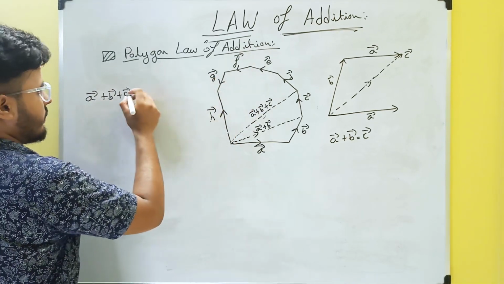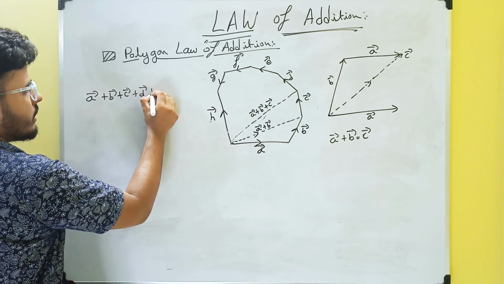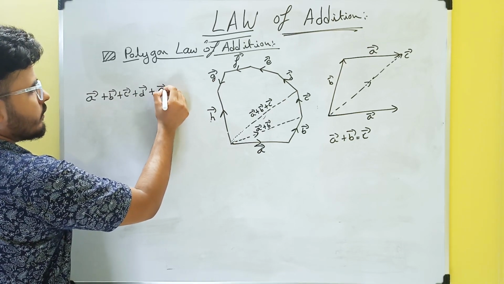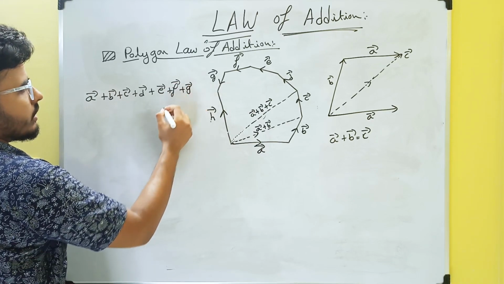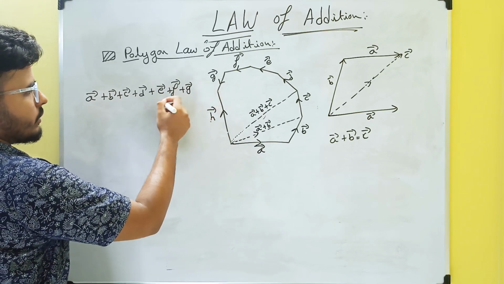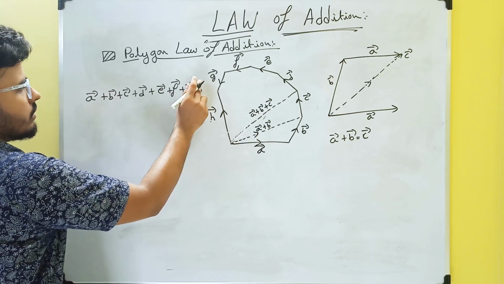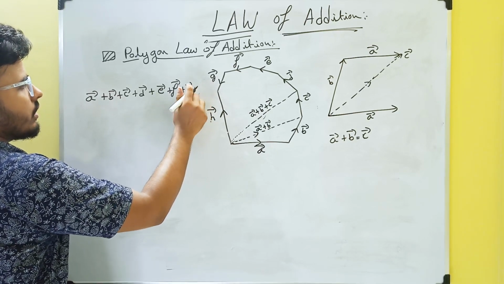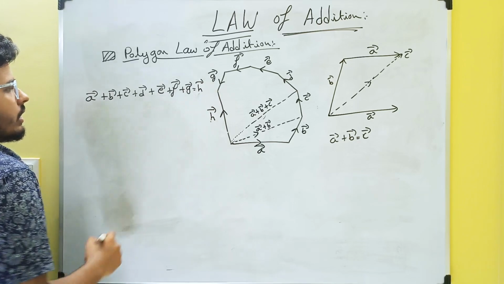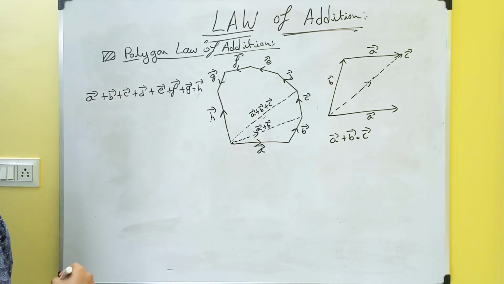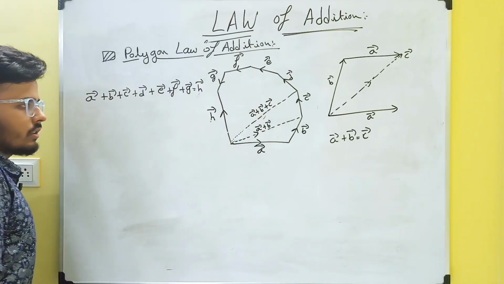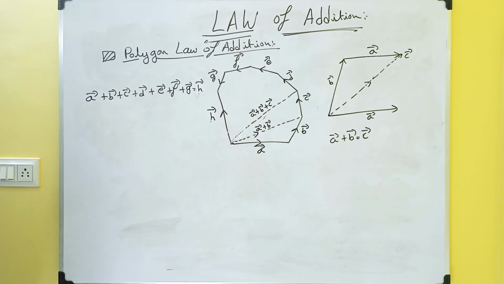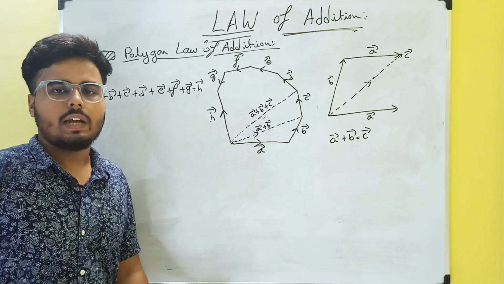It will repeat itself, right? Plus D vector plus, this is the common formation, plus F vector plus G vector. And it will stop in that position, equals to H vector. So the resultant vector of these vectors is H vector. Okay. This is the polygon law of addition.